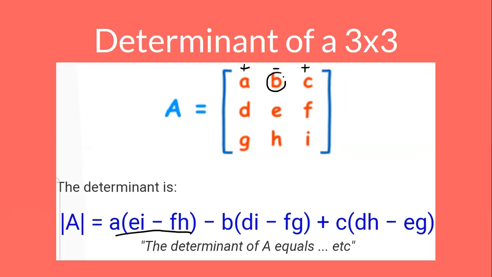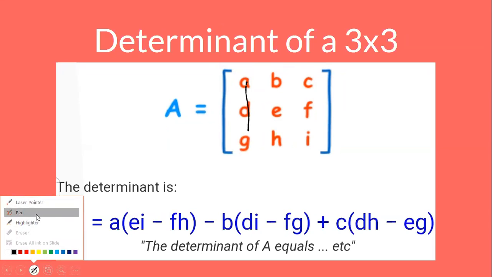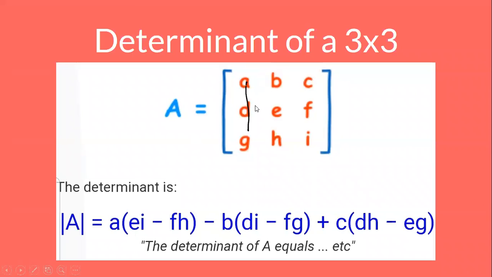So now I'm going to focus on the second element in row 1. I'm going to cross out. Uh-oh, I cross out the 1. It won't erase. It's like it's going to stay there, and I don't know why. Let's try that again. There we go.